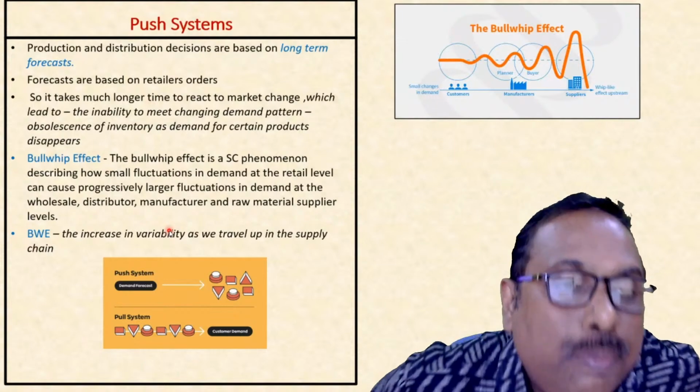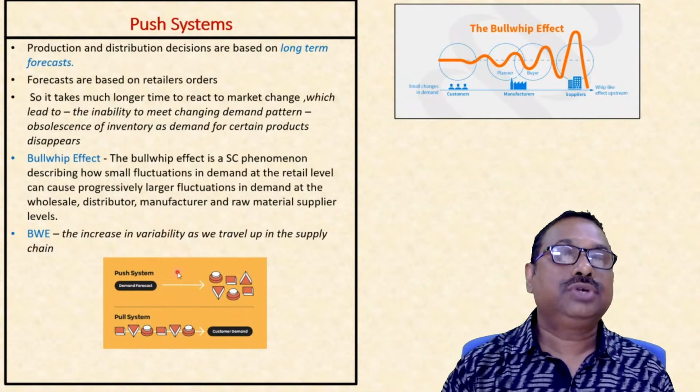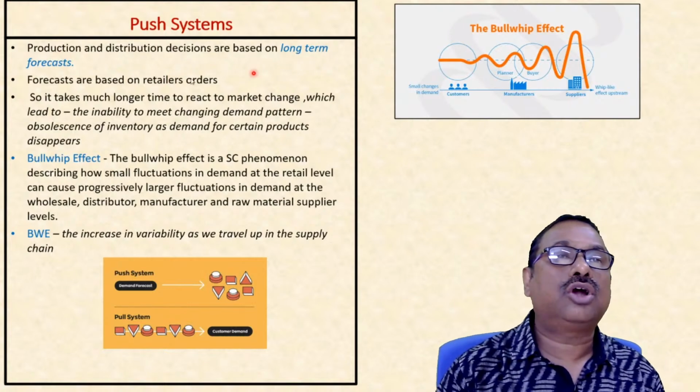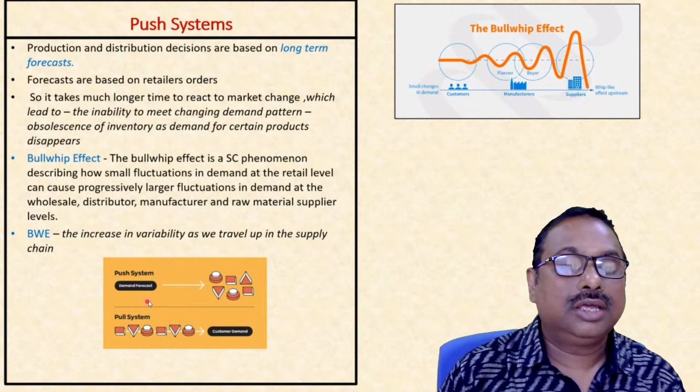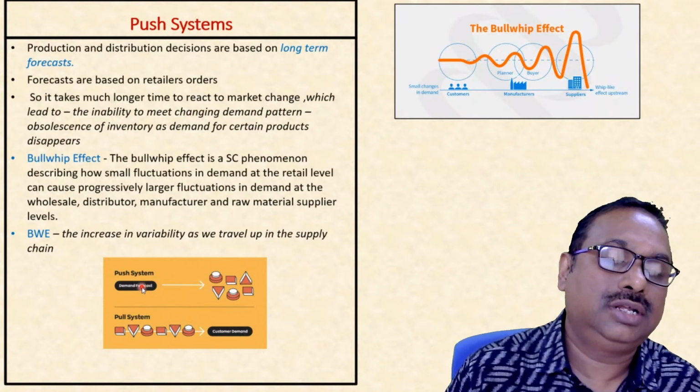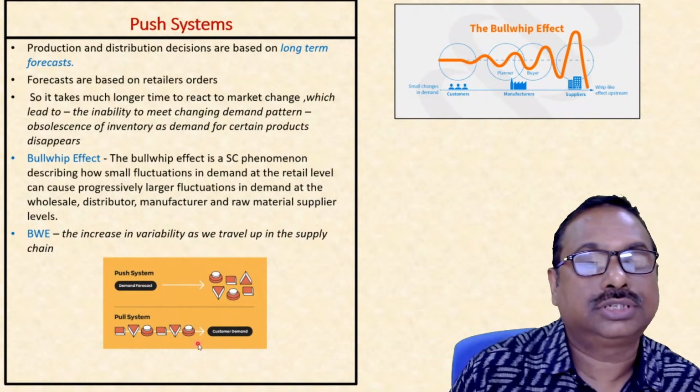Then coming to push strategy. Here production and distribution decisions are based on long-term forecast. This figure shows the difference between push strategy and pull strategy.